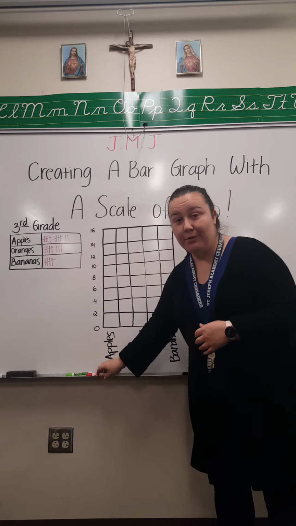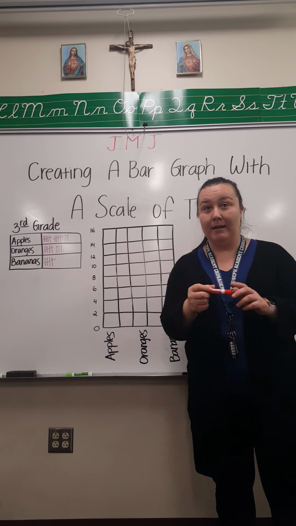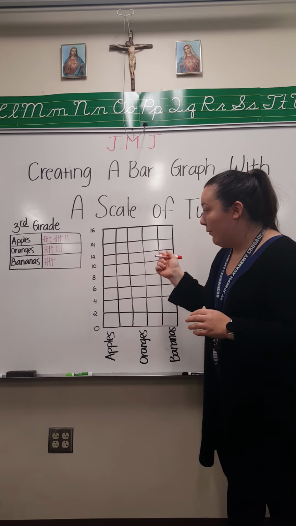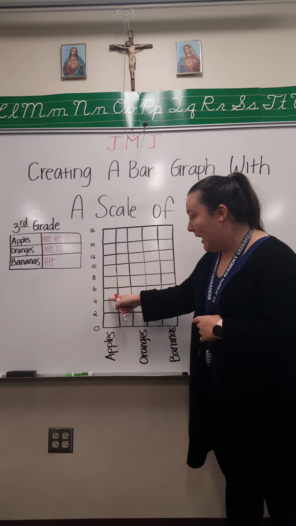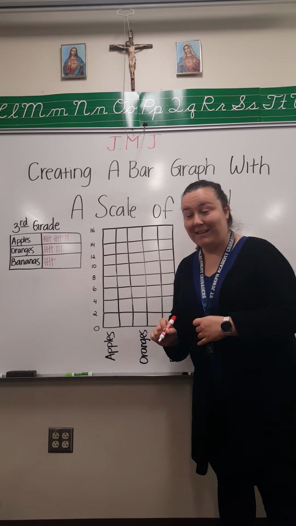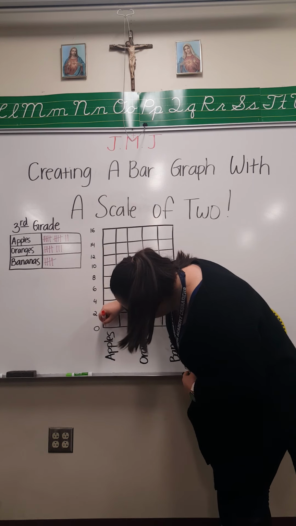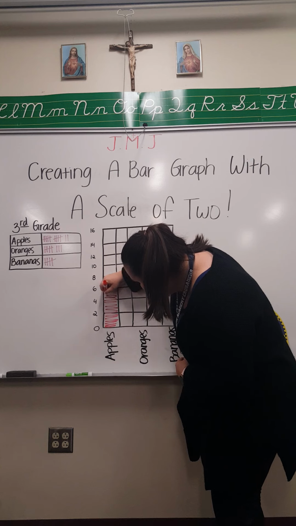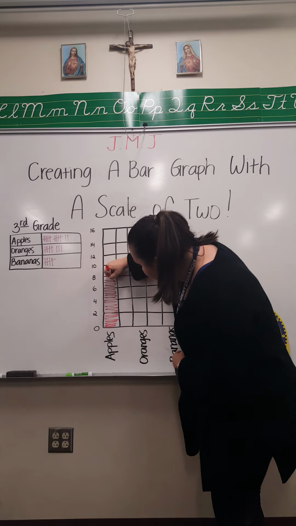So what we're going to do is we're going to take a pencil or a marker and we're going to shade all the way up to 12. So 12 3rd graders liked apples.